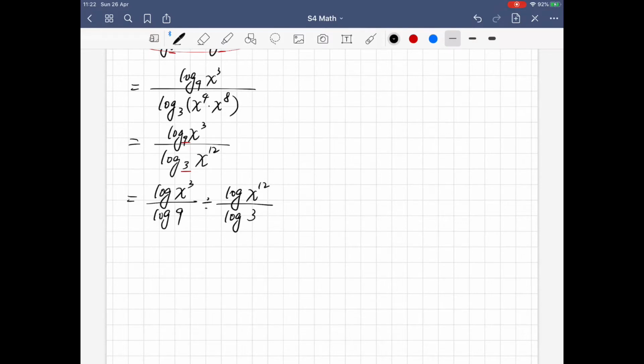And we can further simplify 9 into exponential form. That is log 3 to the power 2. Okay, and then I will change the division sign into multiplication sign.